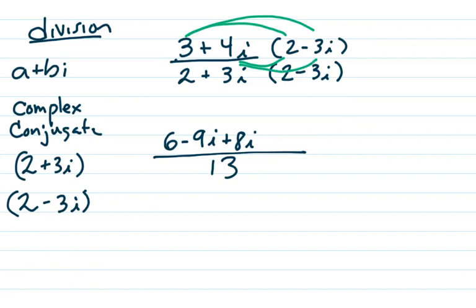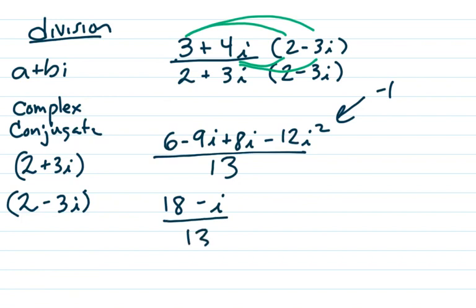And last is negative 12i squared. Okay, we can reduce this. i squared is negative 1, so we have negative 12 times negative 1, that's a positive 12. Positive 12 plus 6 is 18, so we're going to have 18 minus i over 13.